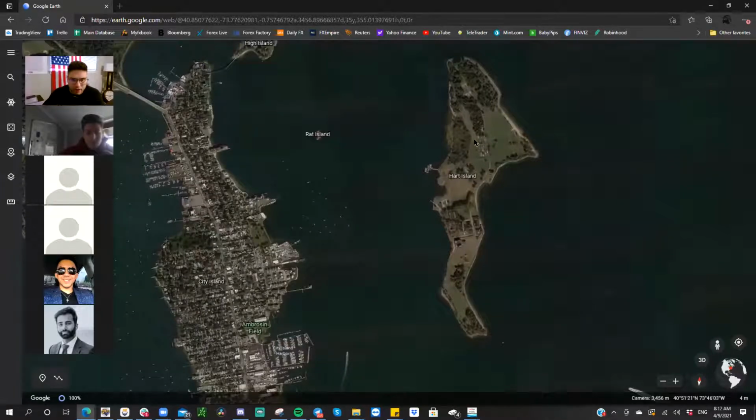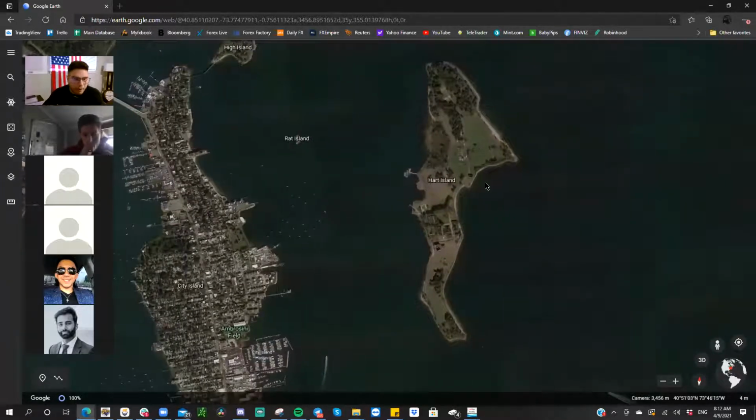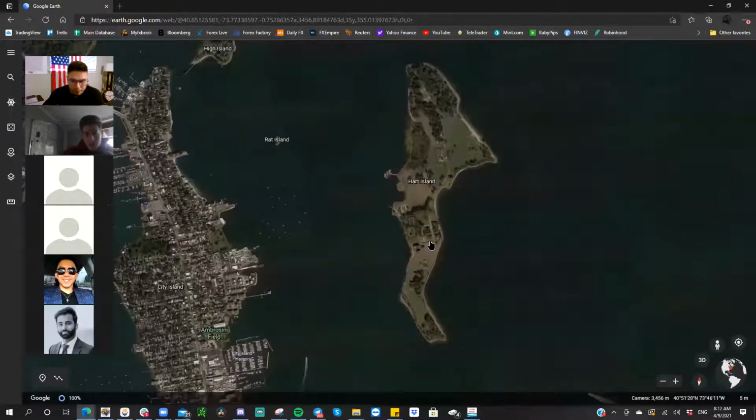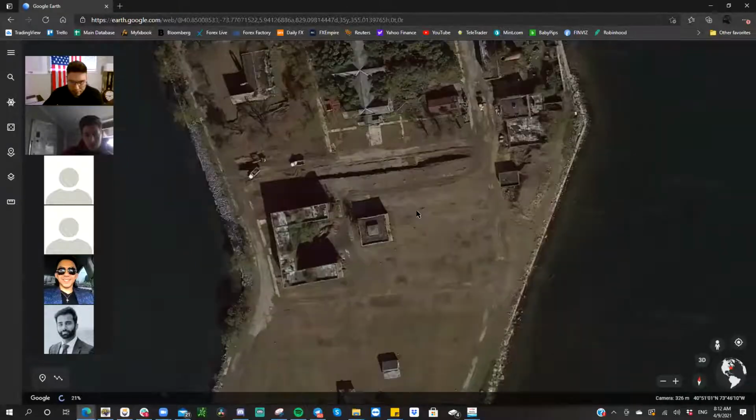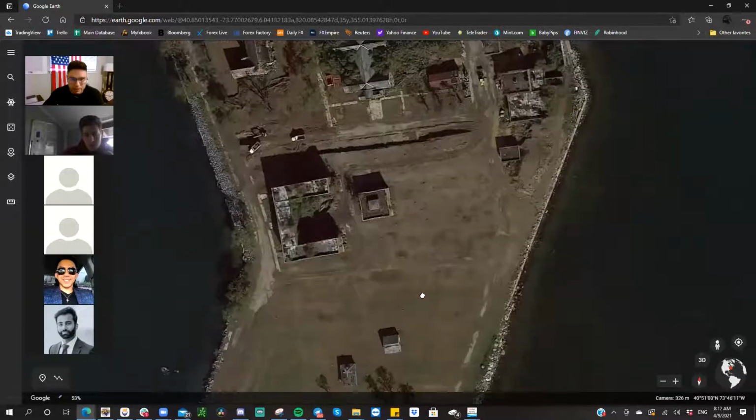So this is Hart Island where they were burying everybody, and this is where they bury people. Unfortunately, it's horrible, but when they have miscarriages or bad death, the babies, they got to bury them somewhere. I've always wondered what this looks like. Yeah, these are all mass graves in here. It's crazy.